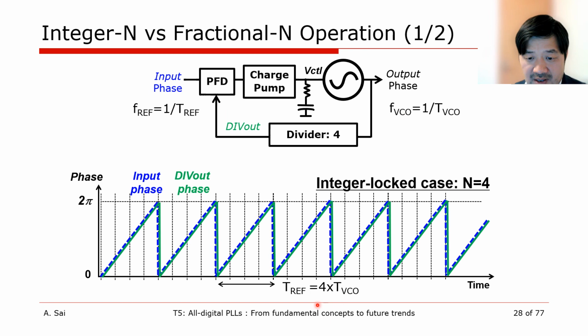After the time T-ref has elapsed, the phase of the reference signal and the output of the frequency divider advanced by 2 pi, while being synchronized by the negative feedback of the PLL. The output phase of the VCO advanced 2 pi multiplied by 4, so 8 pi during this time.